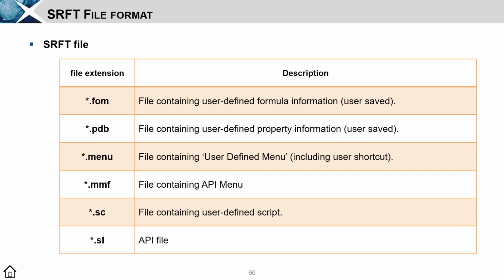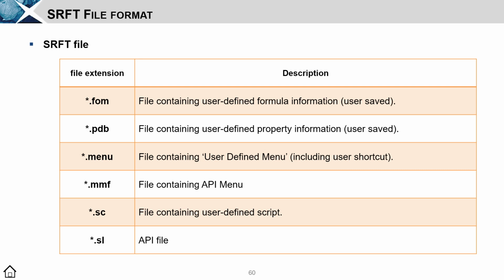The list below is the file format used by SRFT. The extension PDB file contains the properties information defined in the property database, PDB, function. The extension form file contains user-defined formula information.